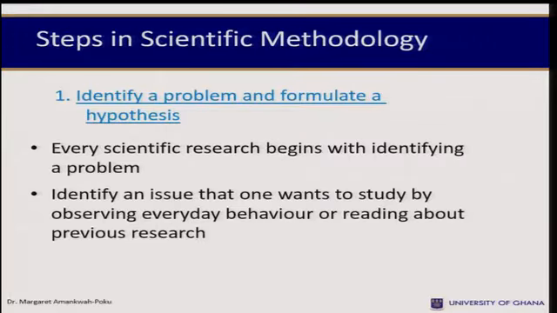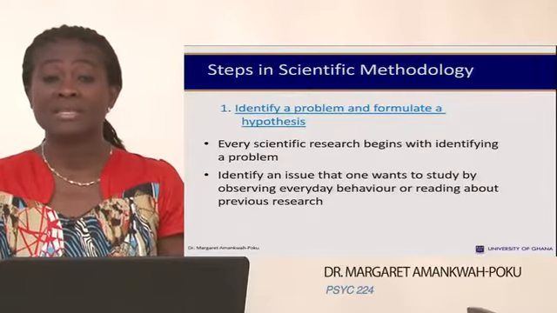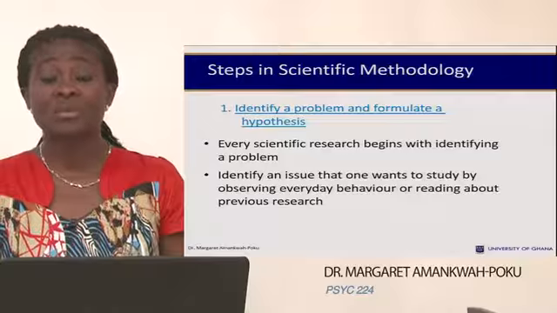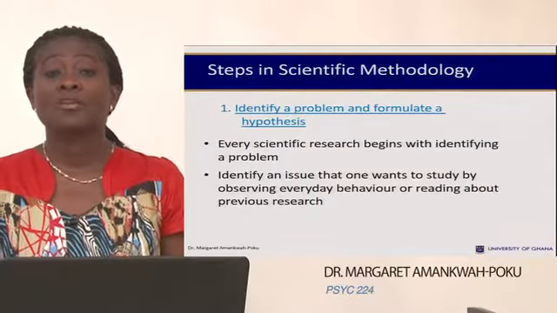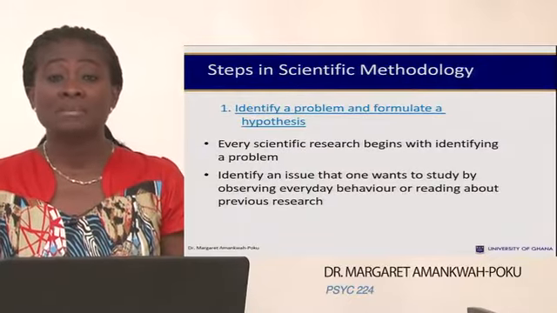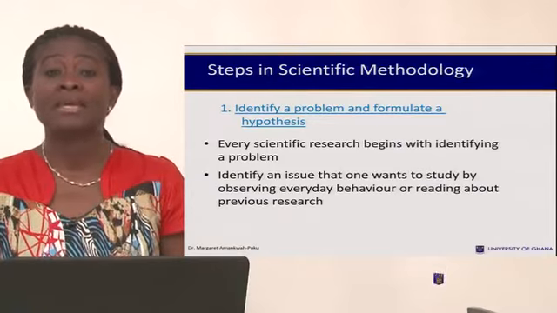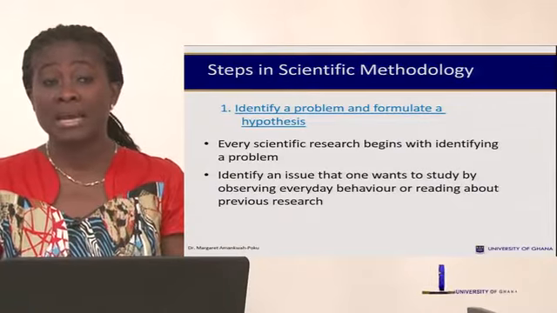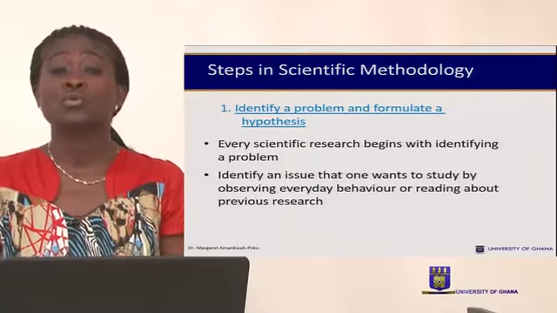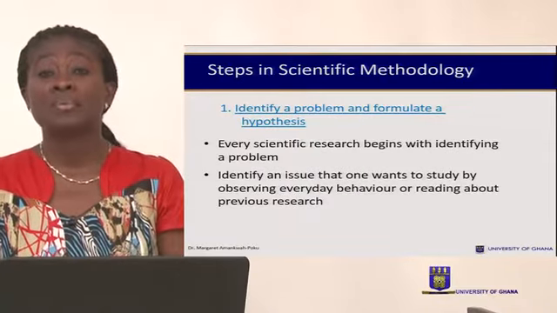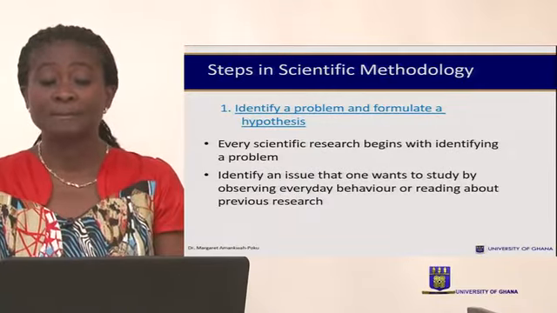So every scientific research begins with identifying a problem. There should be a problem that you are interested in investigating. So you have to identify a problem. And you identify a problem sometimes by studying or observing things that happen in our everyday life, or you do so by reading previous research that have been done.